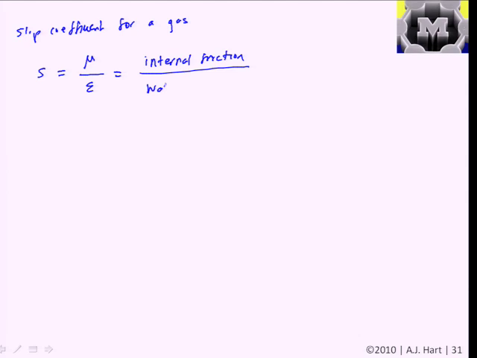So the formal definition of the slip coefficient for a gas, remember we called it S, is the ratio mu over epsilon, which is said as the ratio of the internal friction in the gas to the wall friction.